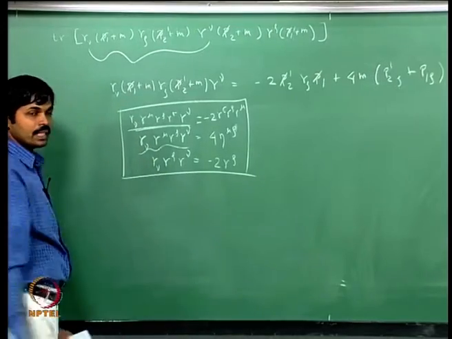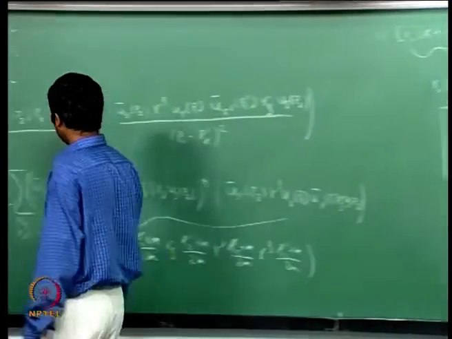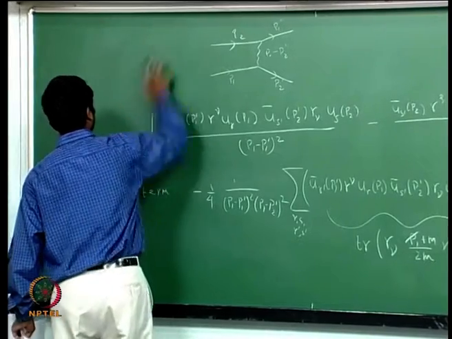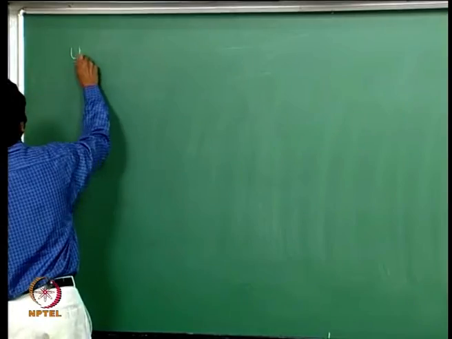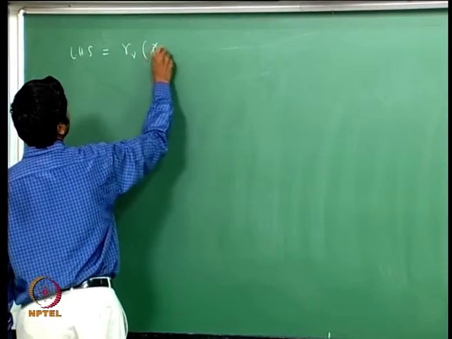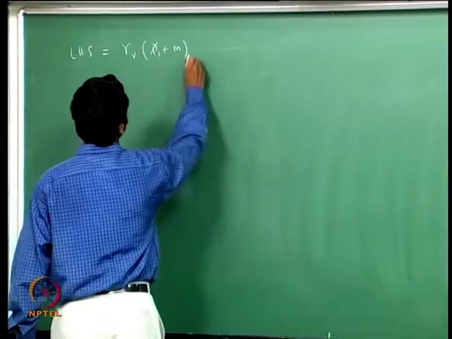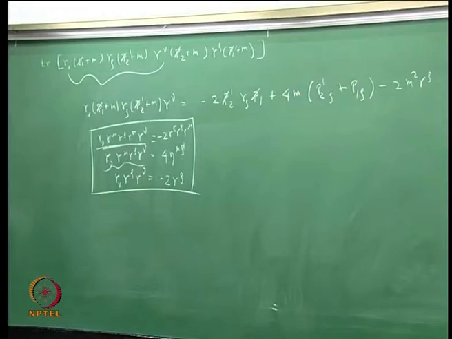So let us consider the left hand side here. Gamma nu p1 slash plus m, gamma rho p2 prime slash plus m, gamma nu.